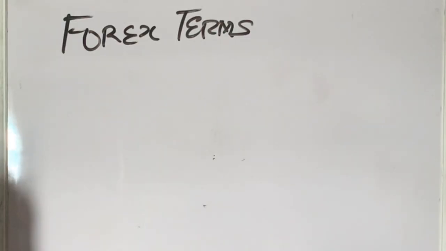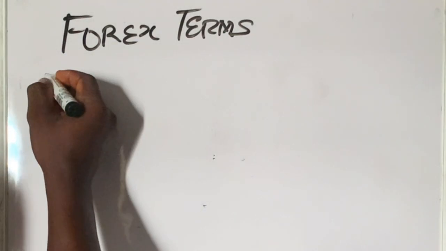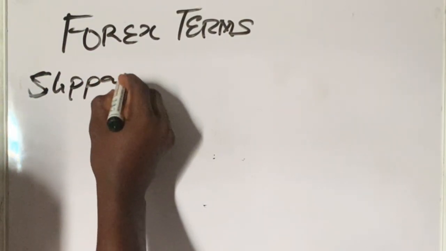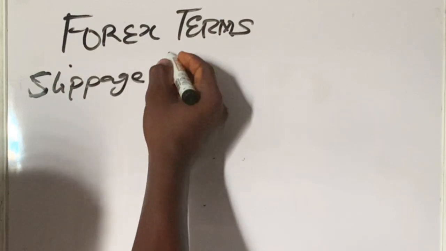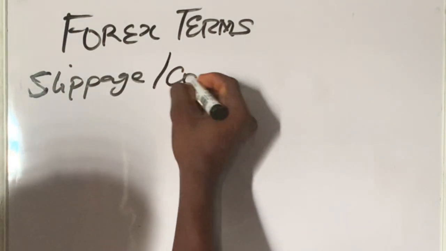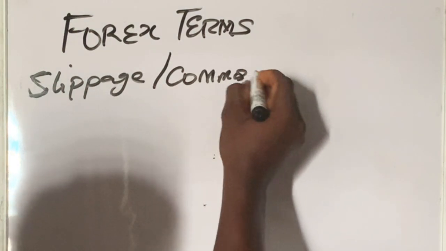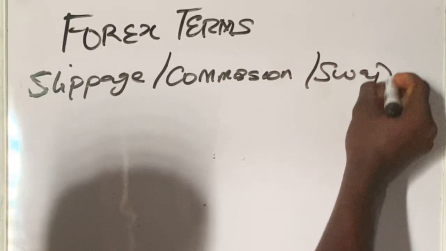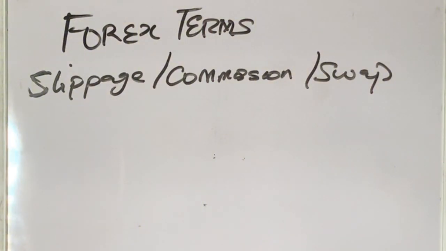So the next forex terms we have are slippage, commission, and swap. We are just going to do these three together to round up everything. Slippage in trading is a delay in execution of trades.